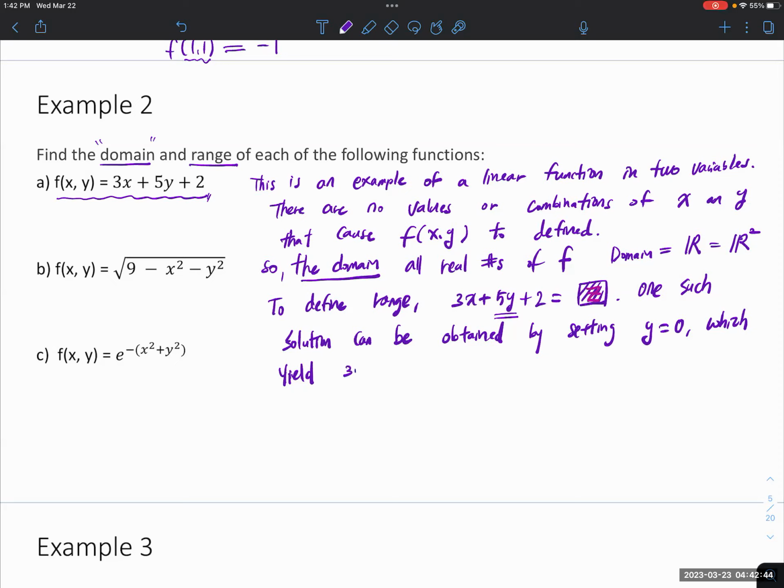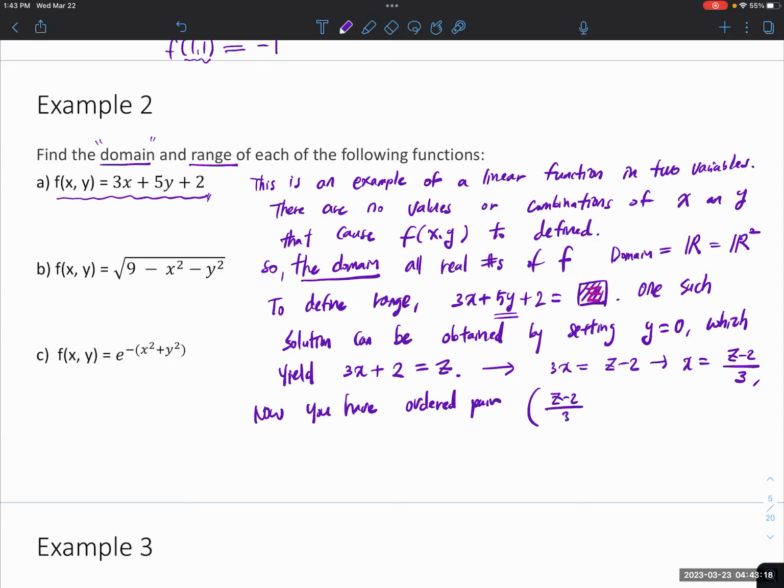We're going to get 3x plus 0 plus 2 equal to z. And then with y equal to 0, we can solve for x. So 3x equals z minus 2, and you divide by 3. x will be z minus 2 over 3. Okay, so what does it mean? Now you have an ordered pair: x is z minus 2 over 3, comma 0.